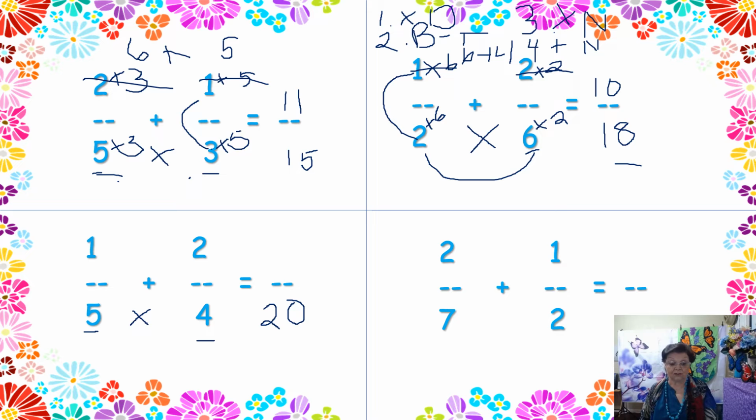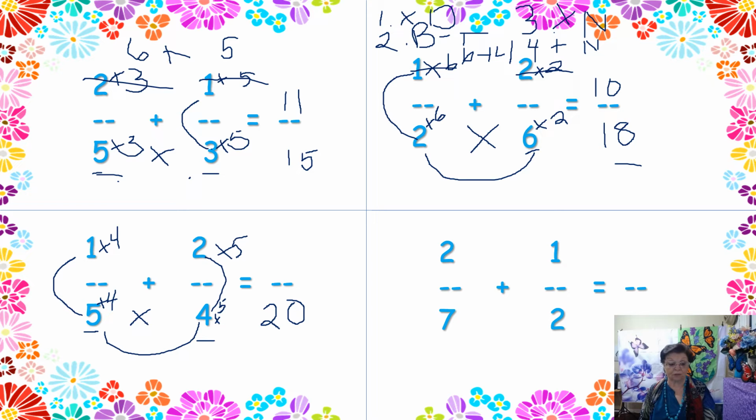Now, whatever you do to the bottom, you have to do to the top. So I took this 5 and I multiplied it times 4, so I have to take this 1 and multiply it times 4. I took this 4 and multiplied it times 5, so I'm going to take this 2 and multiply it times 5.